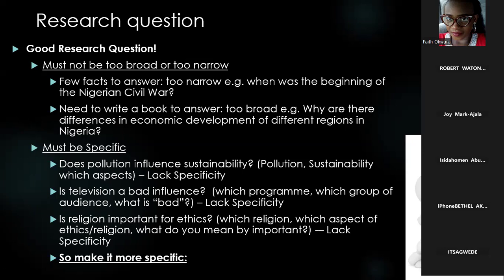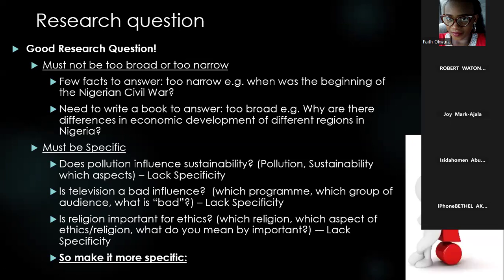Okay. So how does environmental pollution influence economic sustainability of Obiakpo local government? Okay, that's a good one.